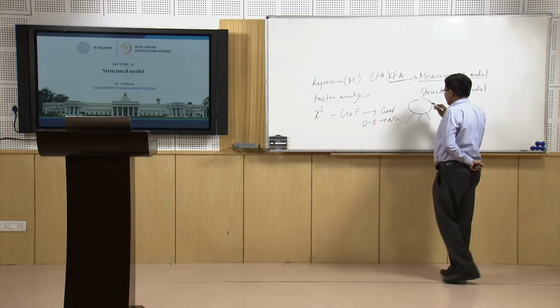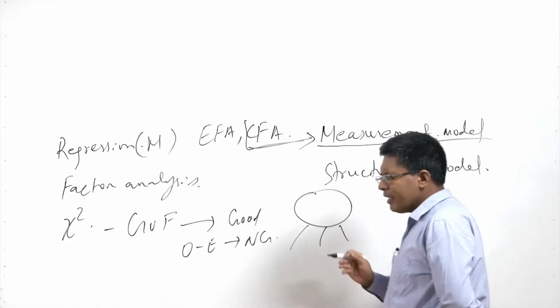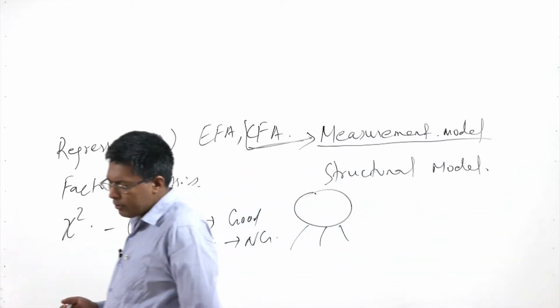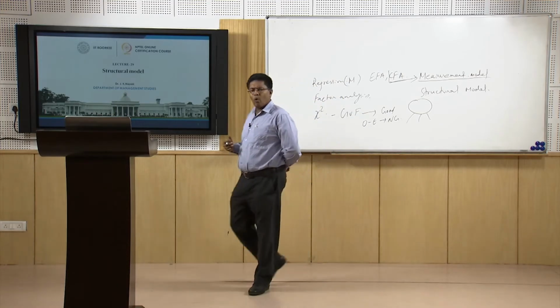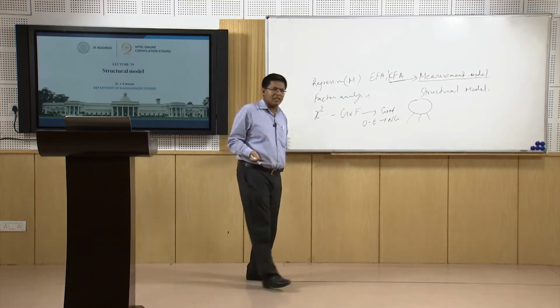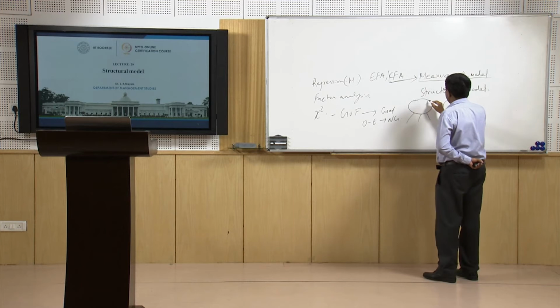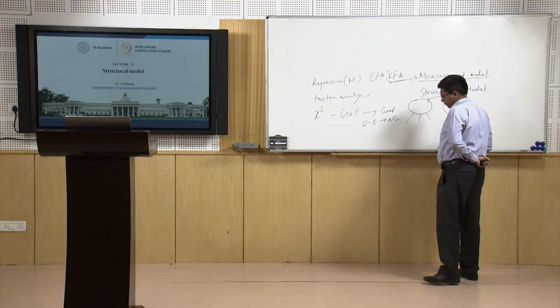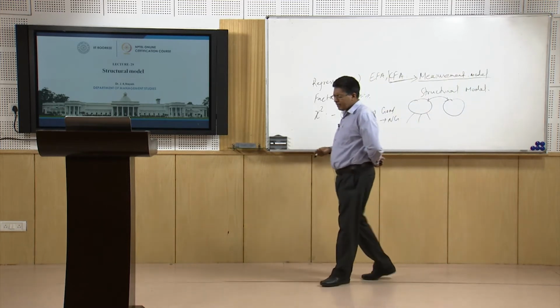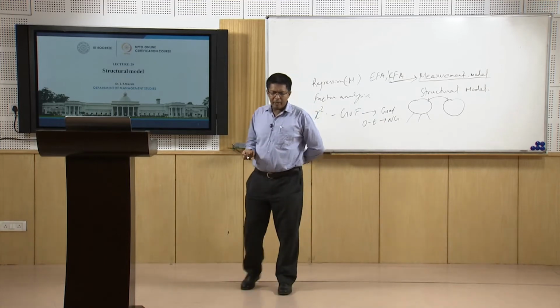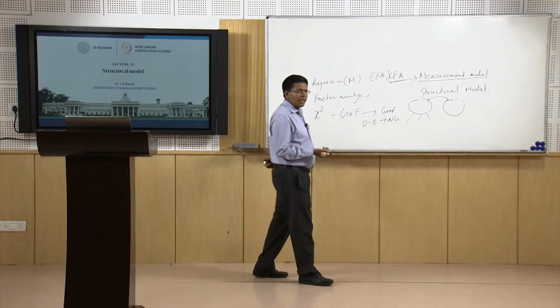In the measurement model, we basically create a covariance matrix or a covariance structure. If you remember, we have also discussed that it is like a correlation structure, but correlation is a special case of covariance.